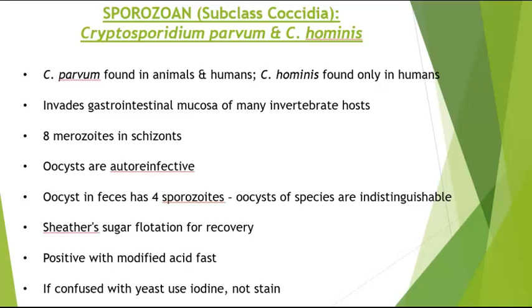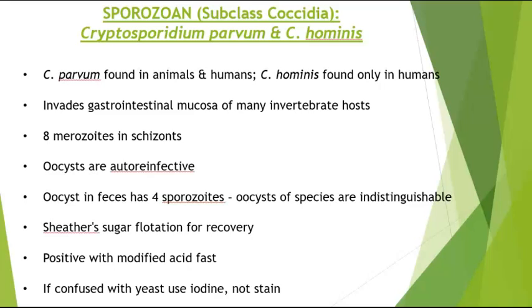It can self-reinfect, so reinfection of the organism that has already passed through the infected state can keep on happening, so it can repeat within the host. Oocysts in the feces have 4 sporozoites. The oocysts of the species are indistinguishable, so in the feces, you're not going to be able to tell parvum from hominis as far as the oocyst.